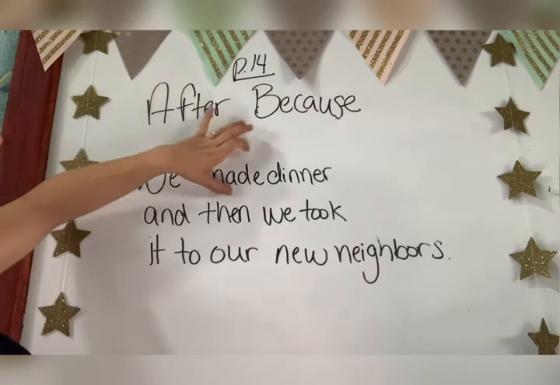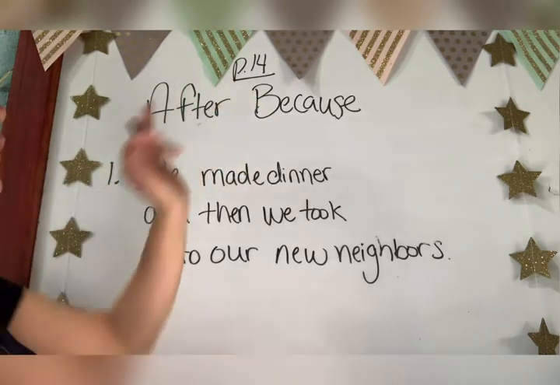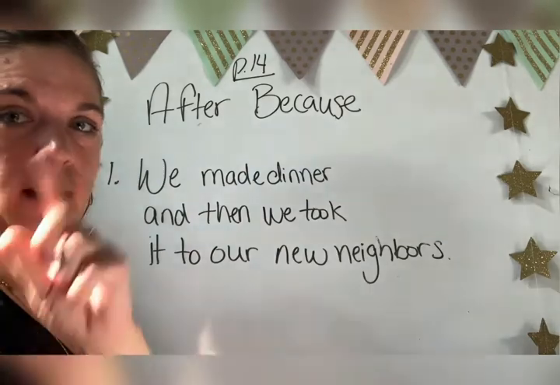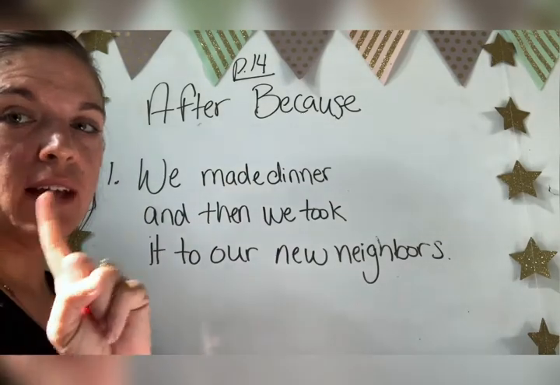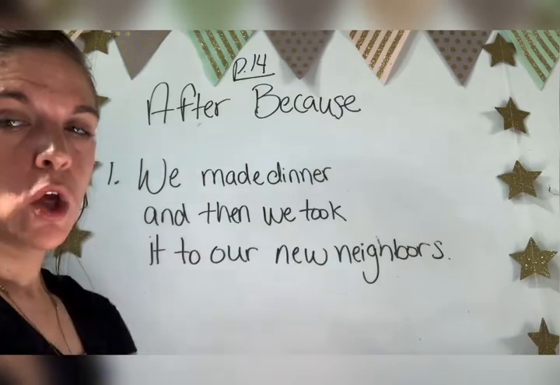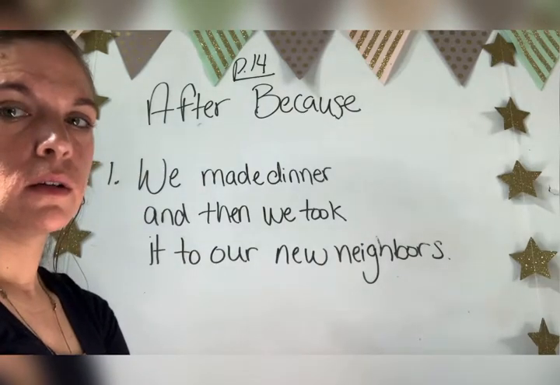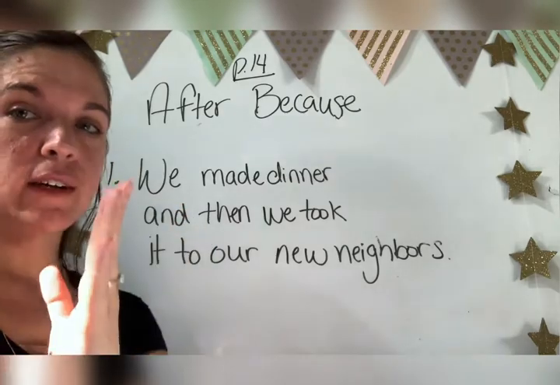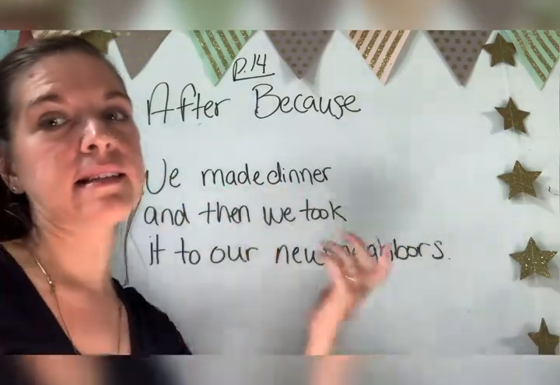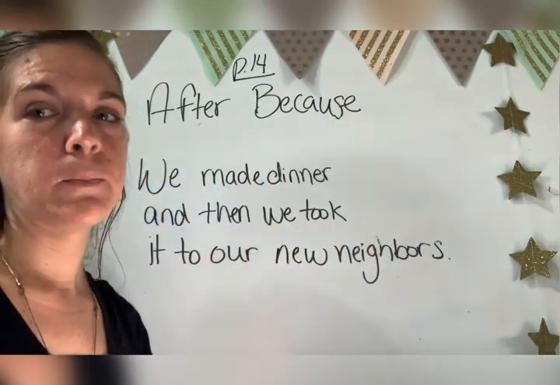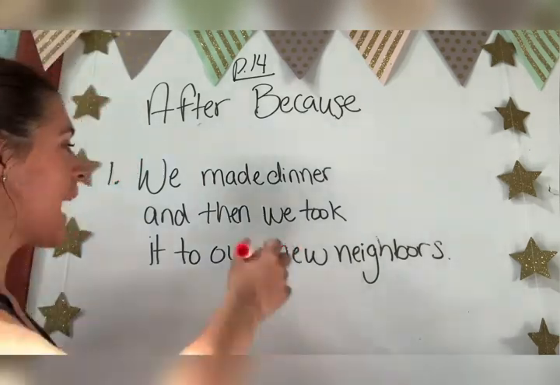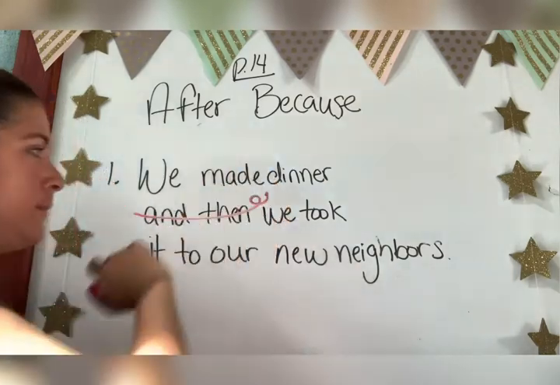After we made dinner? Well, first of all, let's delete the connecting words. Step number 1, delete the connecting words. What are your connecting words? What are the 2 words that connect the first sentence and the second sentence inside this whole sentence? And then, okay? So let's delete and then. Boom.